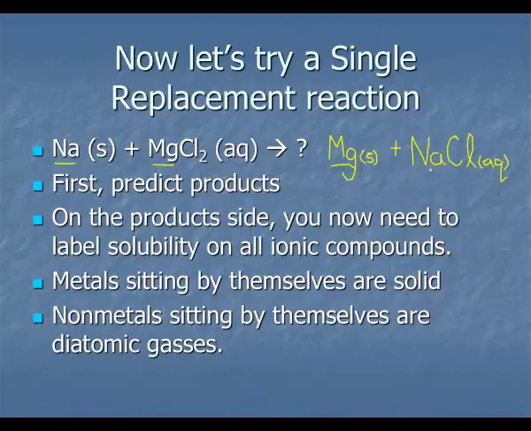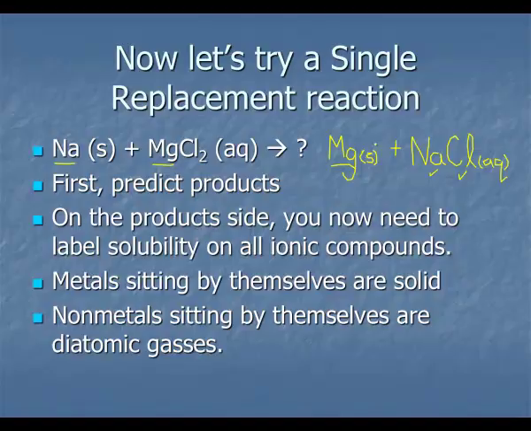And what it is, I combined the sodium here with that chlorine, and what you have to do is definitely check those charges. So sodium is +1, chlorine is -1, so I'm able to combine those nicely, like 1 sodium for 1 chlorine. And you'll also notice that in here, what I did, and you usually don't have to do this, but now I'm asking you guys to do this: you're now going to have to label the state of matter of your products in a single replacement reaction.